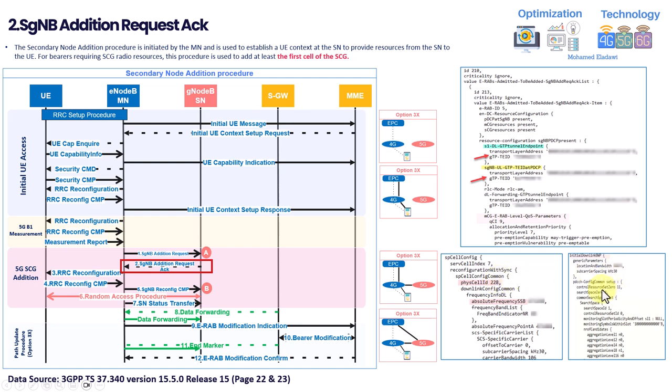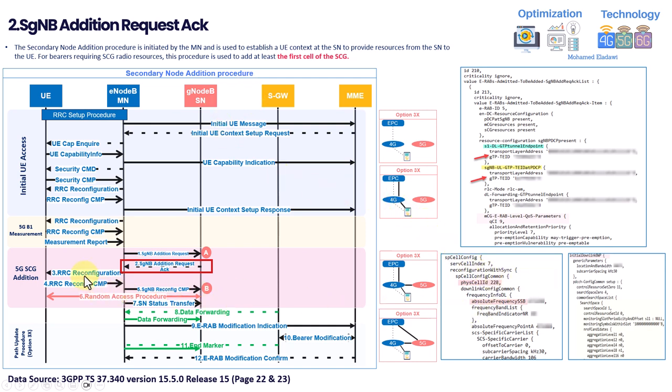Here is more information about the bandwidth part, and also highlighted is the information regarding the transport layer address, which is a lot of information related to the serving gateway and also the gNB IP address.